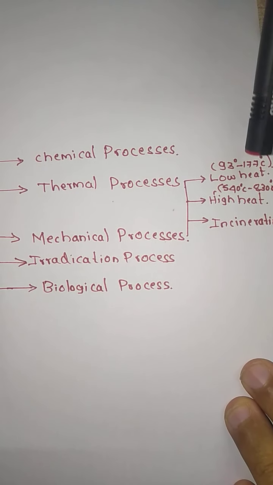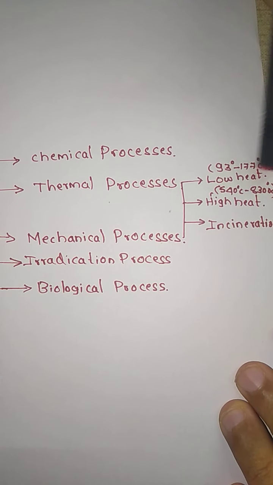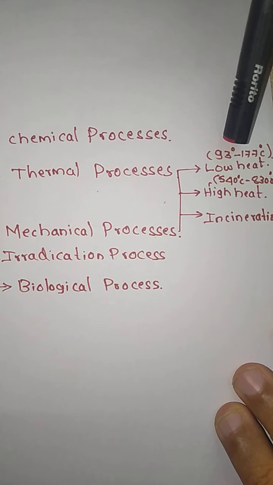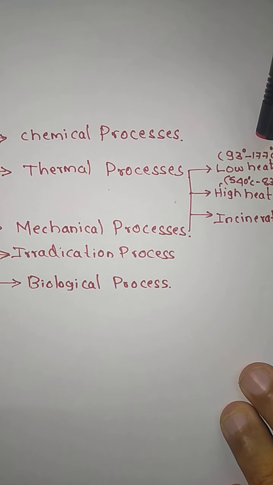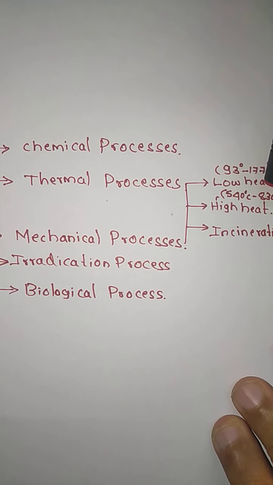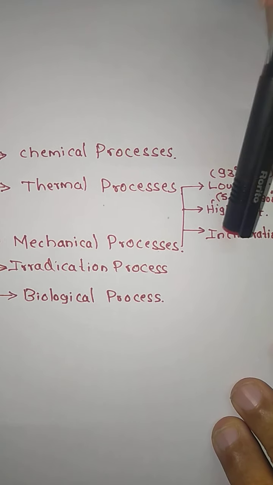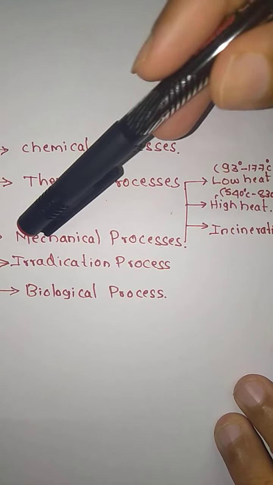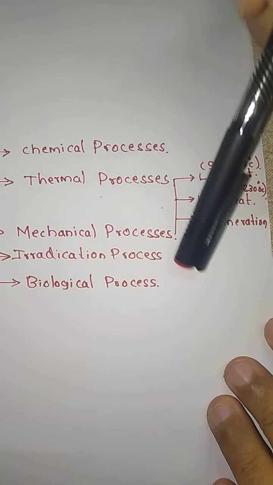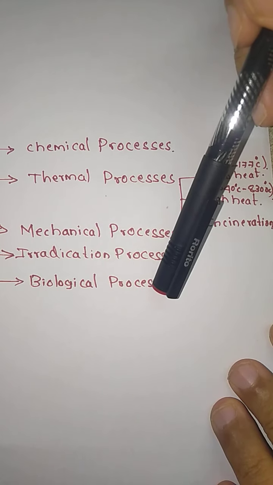Thermal processes are again divided into low heat processes, operating between 93 degrees Celsius and 177 degrees Celsius, then high heat, operating around 540 degrees Celsius to 8300 degrees Celsius. Then incineration. Then we will discuss the mechanical processes, then irradiation process, then biological process.